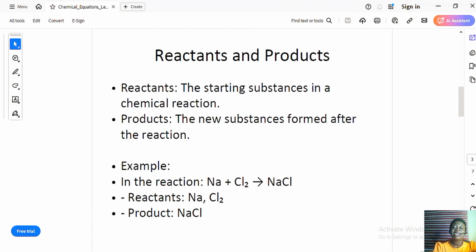Then we looked at the meaning of reactants and products. And we said that elements or compounds coming together to form new substances are called reactants, whereas those new substances that are formed from those reactants are called products.